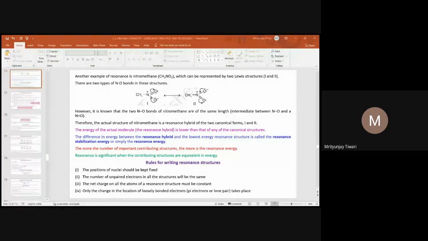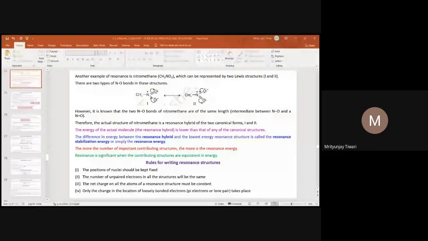The only exception is hydrogen, for which we see the duplet condition. Hydrogen cannot have 8 electrons in its valence shell; it can have a maximum of 2 electrons. But for all other atoms, we see whether the octet is complete or not. Then we try to determine the stability of the different structures.